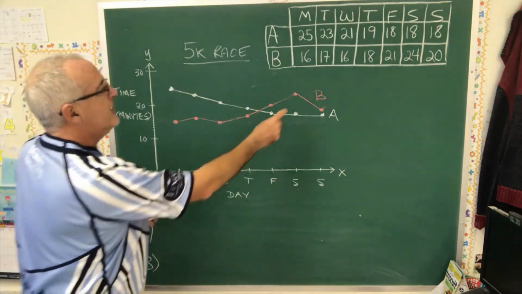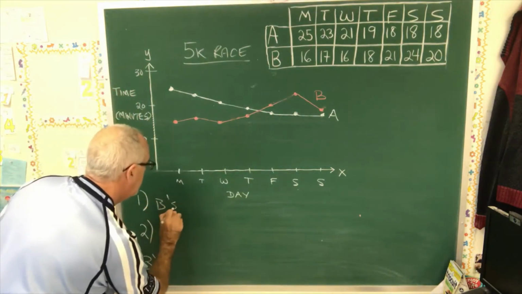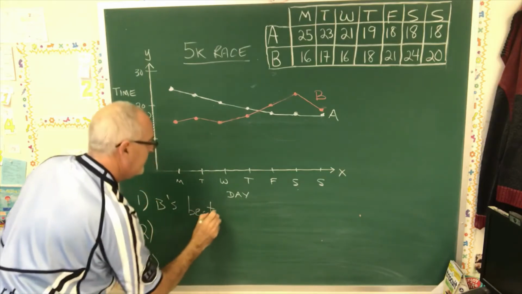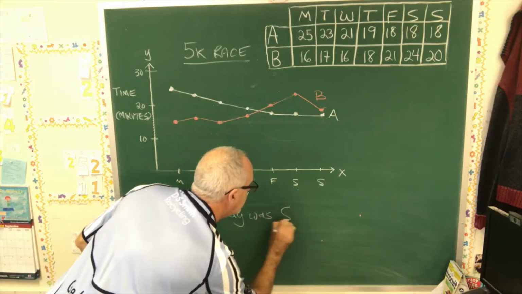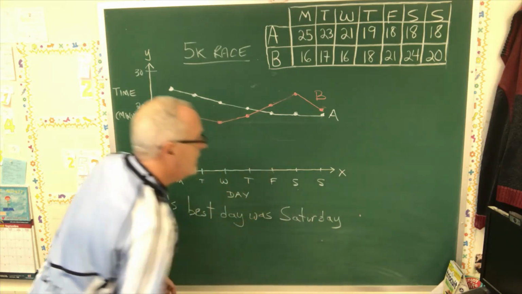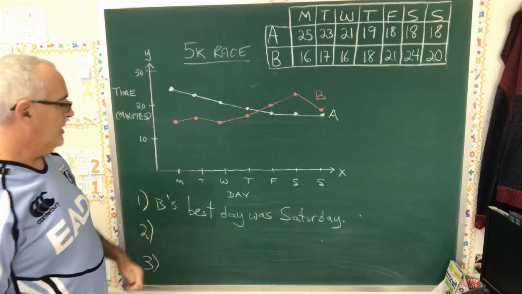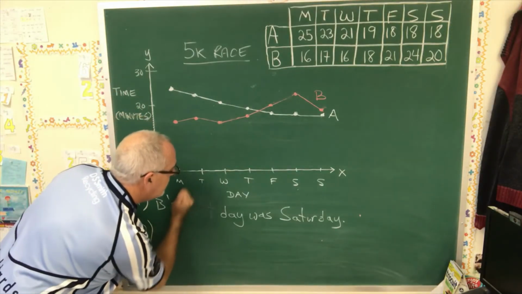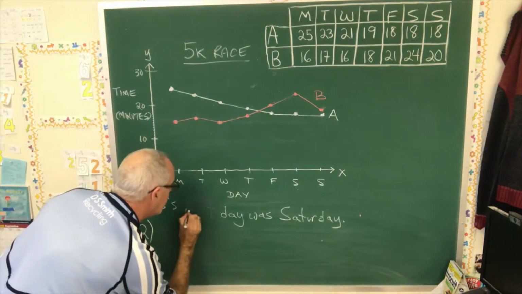So for instance, I can see that B's best day was Saturday. A's best day, no, okay, I'm going to fix that. Remembering that in a race, a smaller time is better. So B's worst day was Saturday.